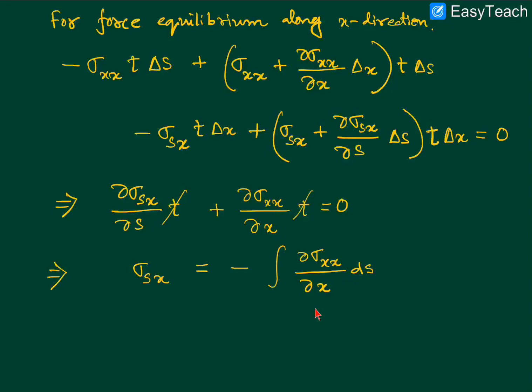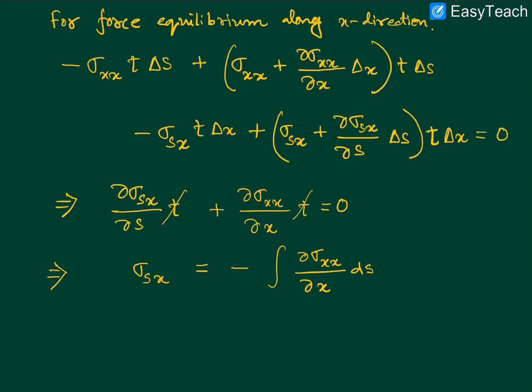But if we do that, we are missing a constant of integration, because on the left hand side we have integrated with respect to s and gotten rid of this derivative, but on the right hand side, an indefinite integration leaves us with a constant of integration. So if we don't write that, it is going to be wrong.